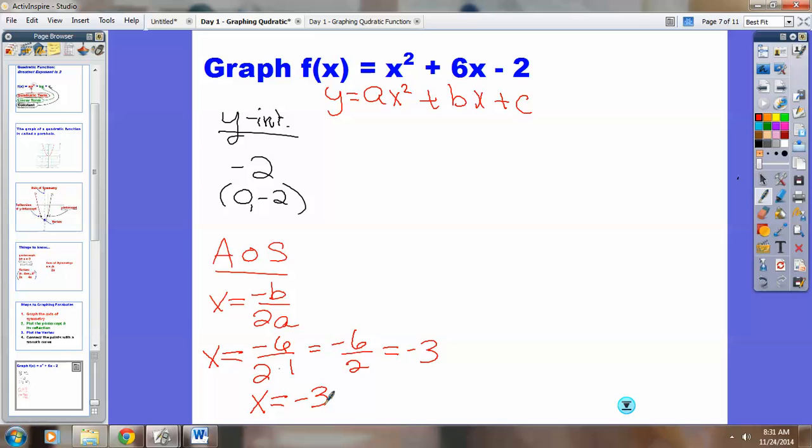I'm going to find f of -3. I'm going to put -3 back into my function and solve. So -3 squared is 9. 6 times -3 is -18 minus 2.